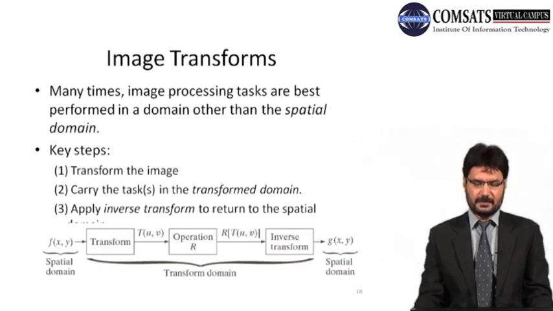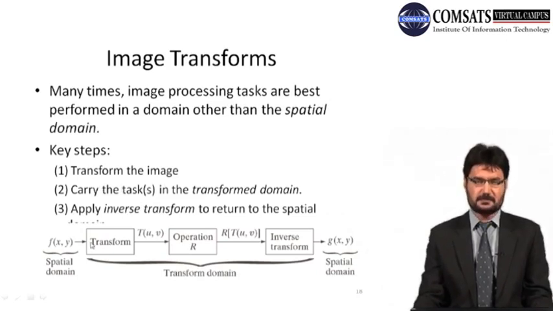So now we will move to the next topic, that is image transformation. We know already that many times image processing tasks are best performed in a domain other than the spatial domain. So we need the key steps that transform the image.